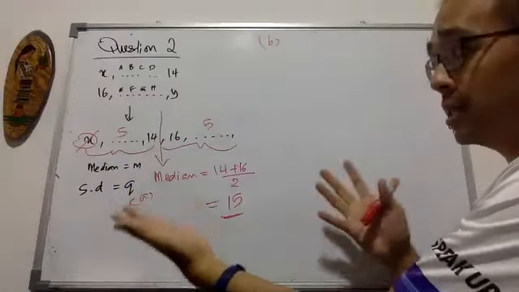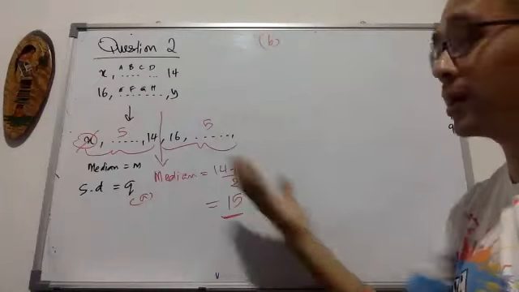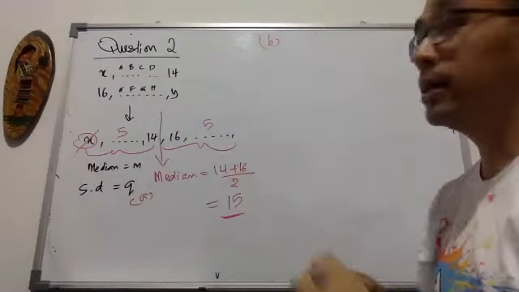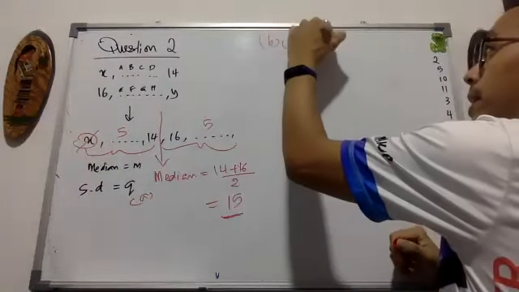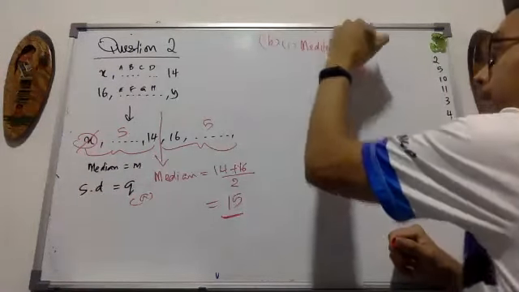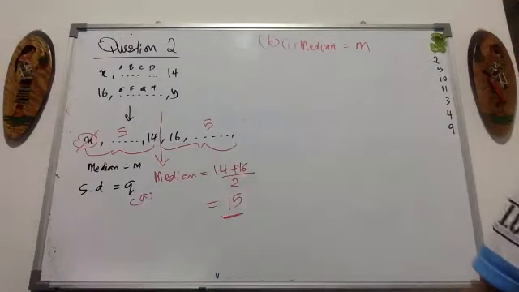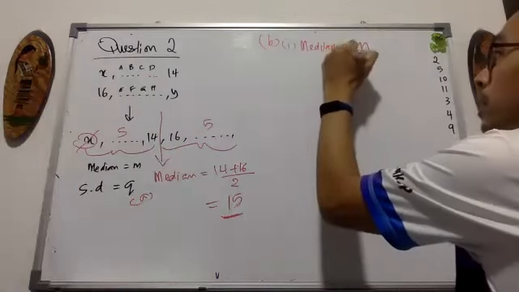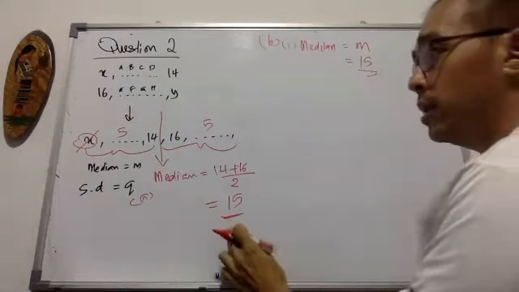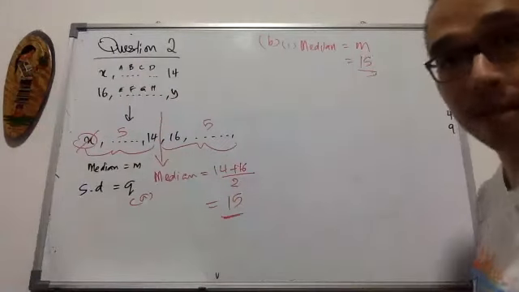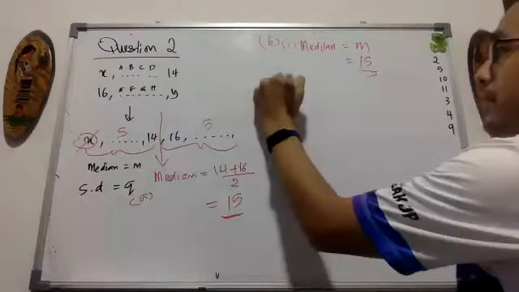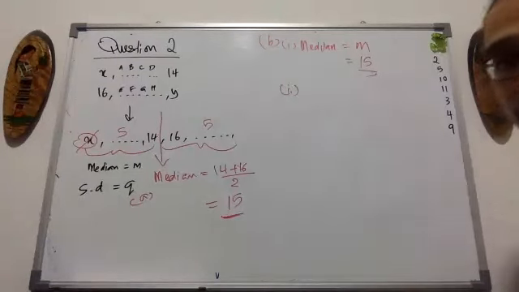So actually the median doesn't change, because there's 10 numbers altogether. So the median is still M, or 15 if you want to put it that way. Yes, the answer is still 15, because originally it's 15, and even if I take away the 2 numbers, the number in the middle still doesn't change.